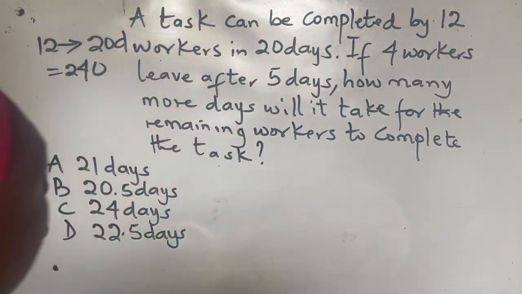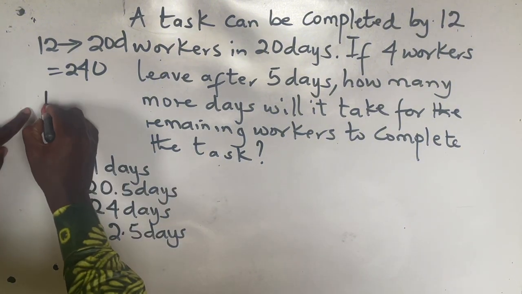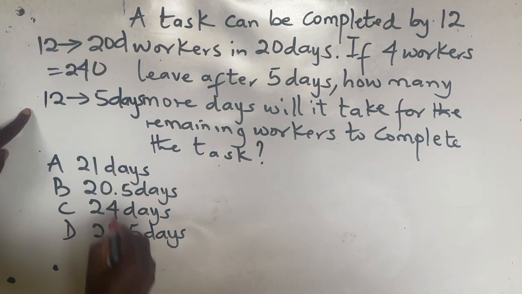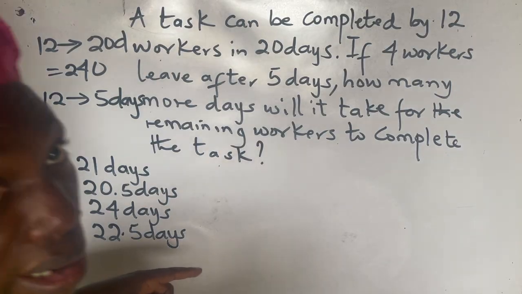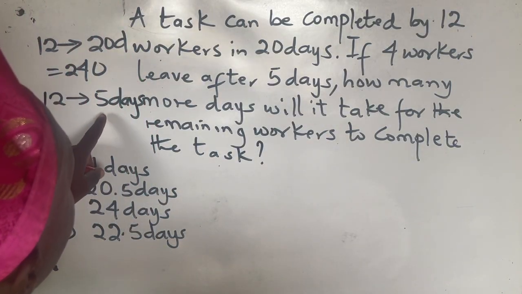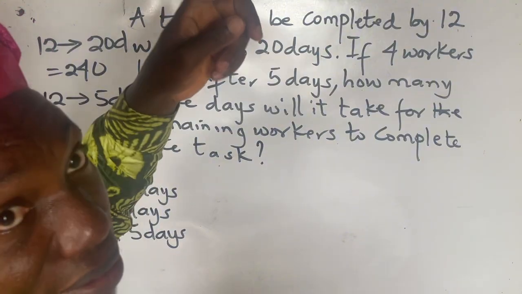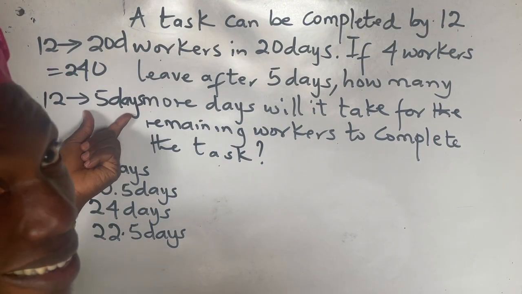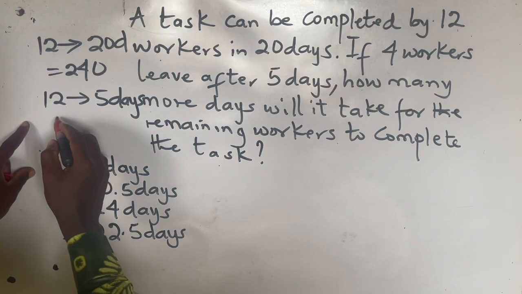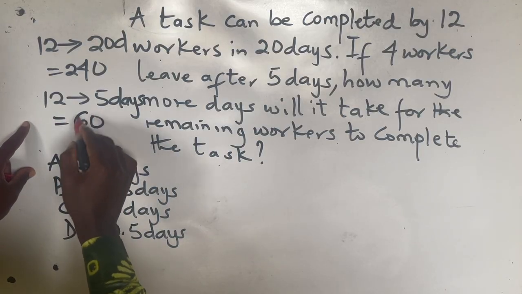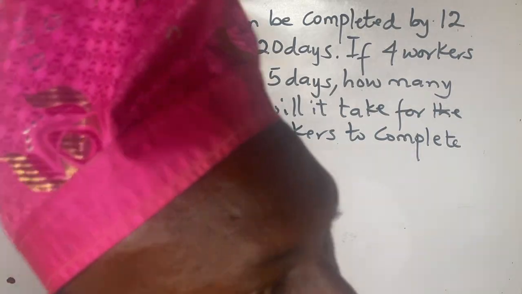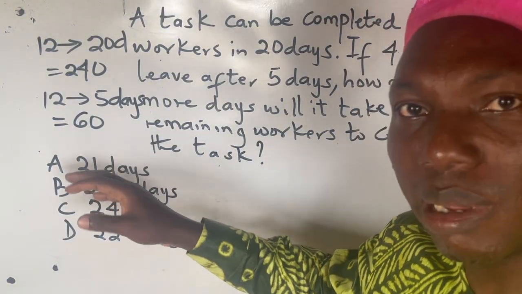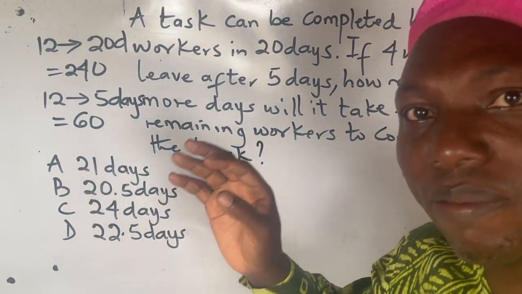So 12 workers worked for 5 days. The total work done after 5 days is 12 times 5, which is 60. That's the work done.